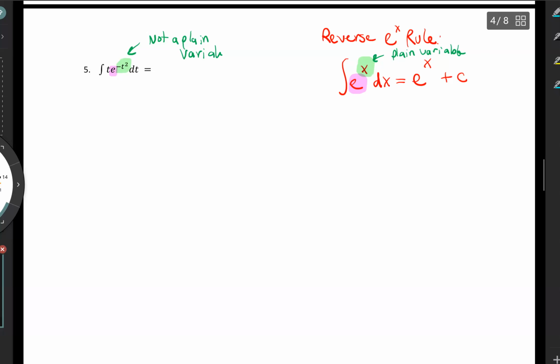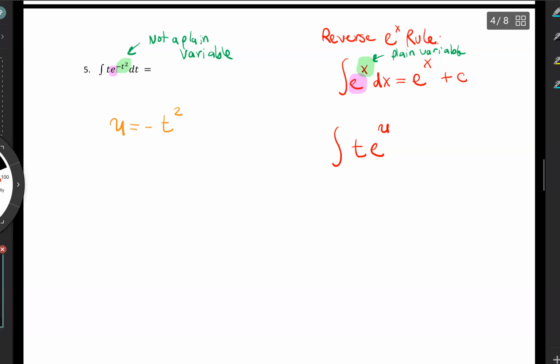So we need to use our u substitution. Hopefully you recognize that your u needs to be this exponent. Okay, and if I stopped right now, this is what it would look like.